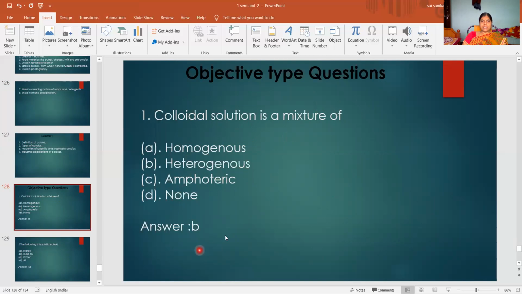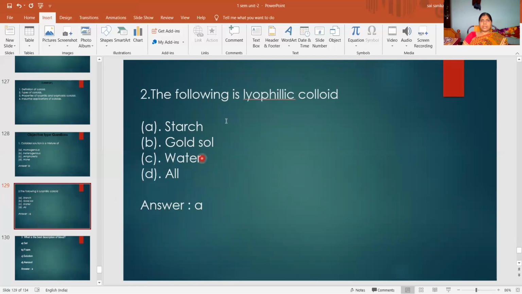What is the answer? Heterogeneous. In the definition we studied that a colloid is a heterogeneous mixture of dispersion phase and dispersion medium. So the answer is B.